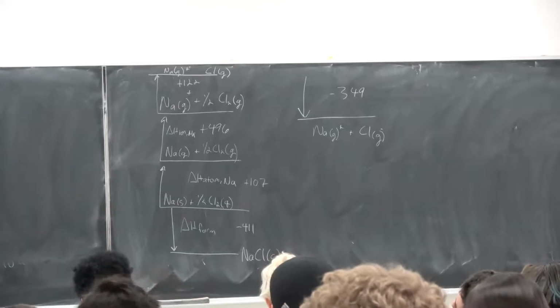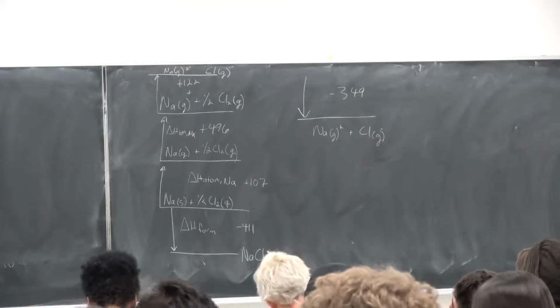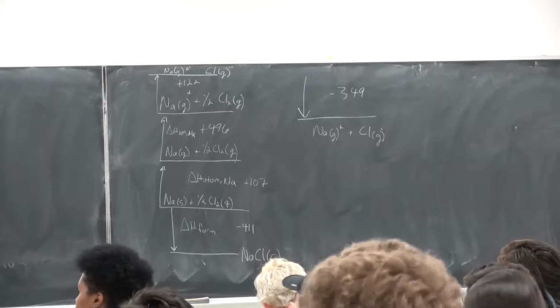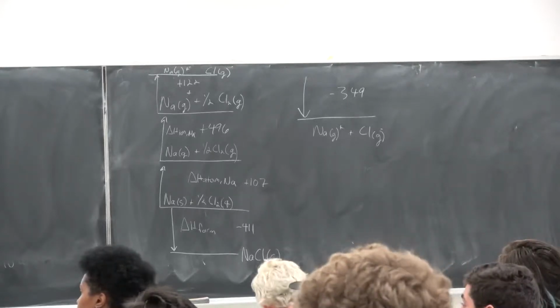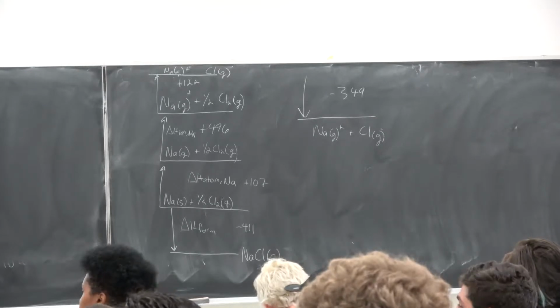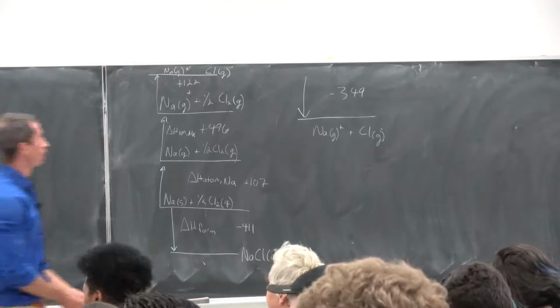So people do it different ways is the long answer. The short answer is you don't have to worry about it here. Unless it was a divalent system, right? In which case you were transferring 2 electrons. You would have different ionization energies, and you would have to consider it twice. Yeah. Okay.